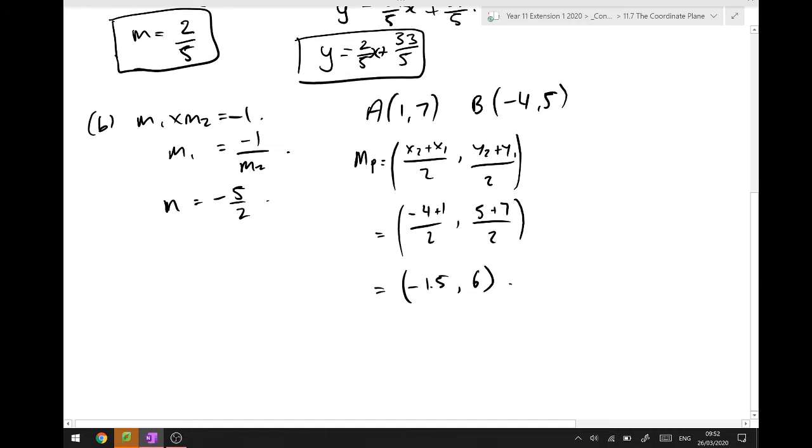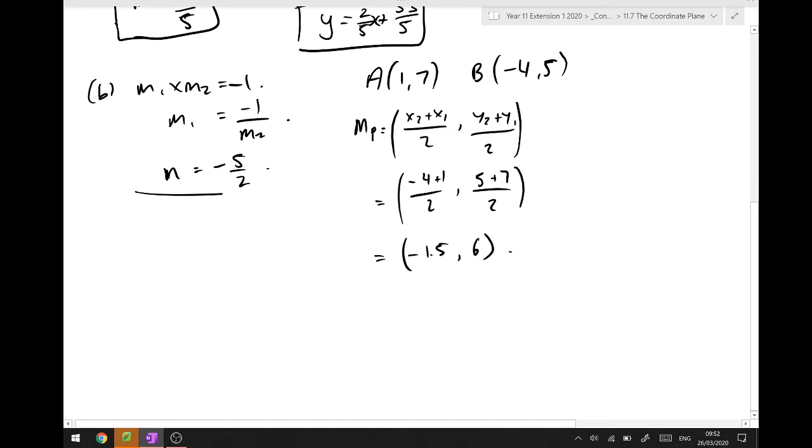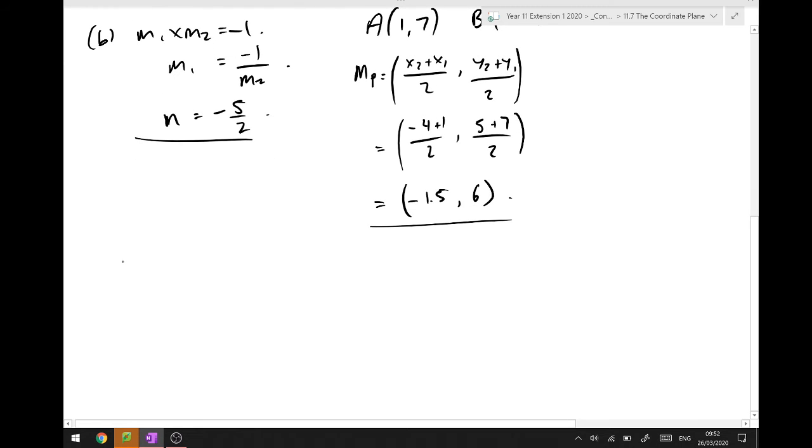Okay. So we've got a gradient, and we've got a single point. How do I find the equation of a line with just a gradient and just a point? Hopefully you're thinking to yourself the point gradient form. Okay, y minus y1 is equal to m lots of x minus x1, okay? So we've got our m, which is negative 5 on 2, and we've got our point over here.